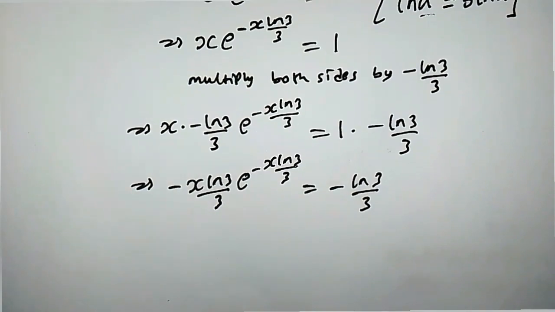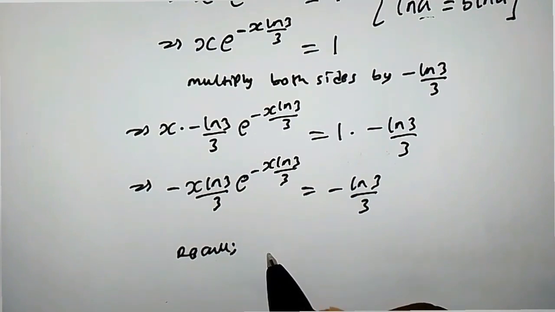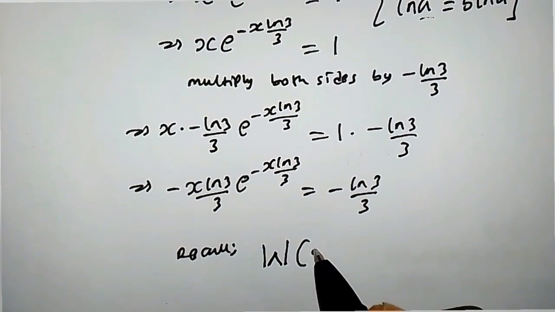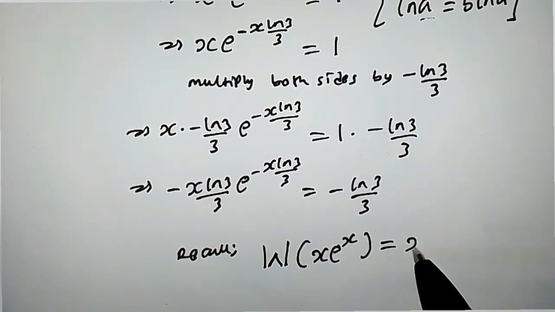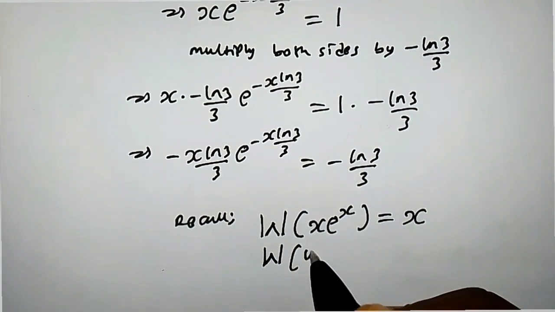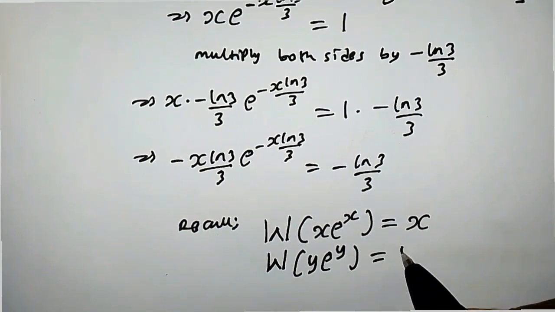Now let's recall the definition of our Lambert W function. Recall that the Lambert W function is given by W of x times e to the x equals x. Even, let's say we have the Lambert W function of y times e to the y, it is also the same thing as y.